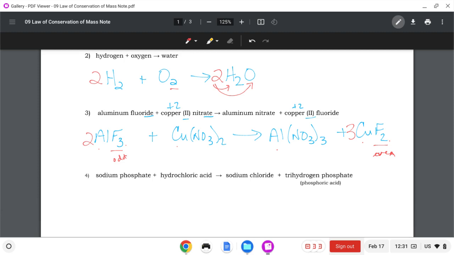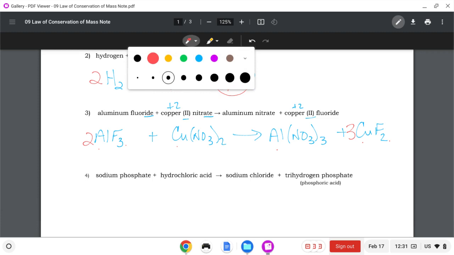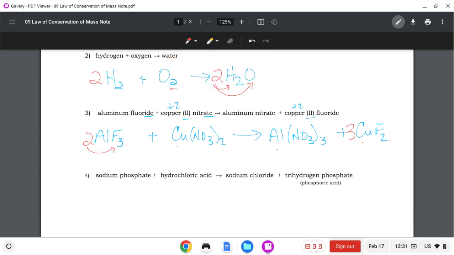Now I have 2 times 3 fluorines, which is 6, and 3 times 2 fluorines, which is 6. So those are now both balanced.